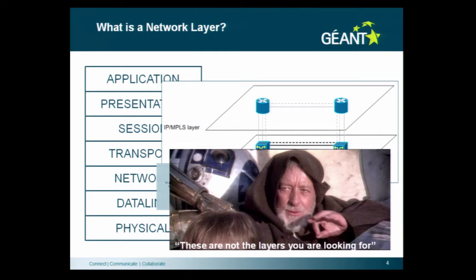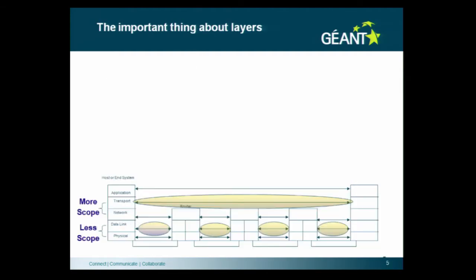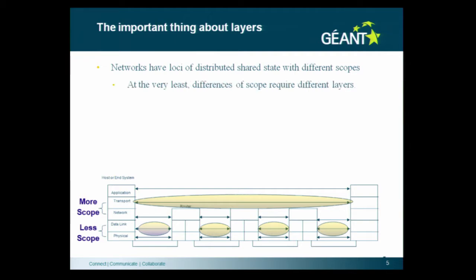If you want to have a scalable network, this is not the way you would organize the layers in your network. The important thing about layers is that networks have systems which need to distribute shared state with different scopes. So a different scope means a different layer.